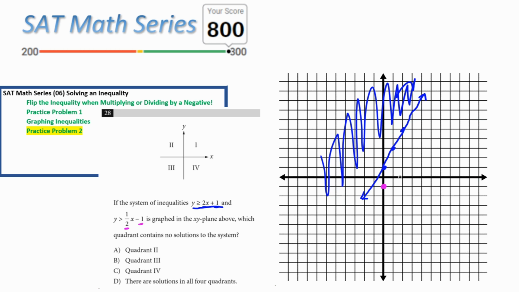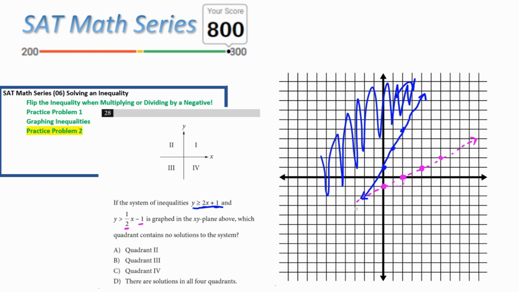So this line looks something like this, with the slope running 2 for every 1 that it rises here. And I'll use a dotted line because it's not greater than or equal to. And y is greater than that. So we see that all these points here satisfy this equation. But that's kind of messy with a lot of scribble.